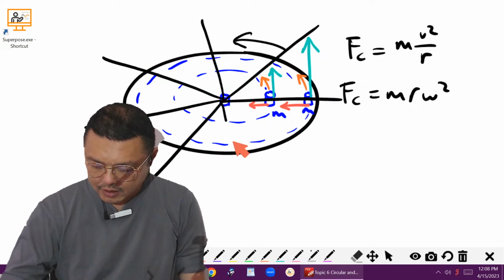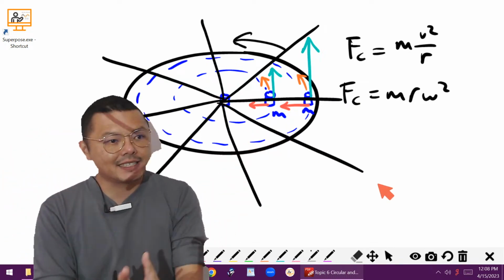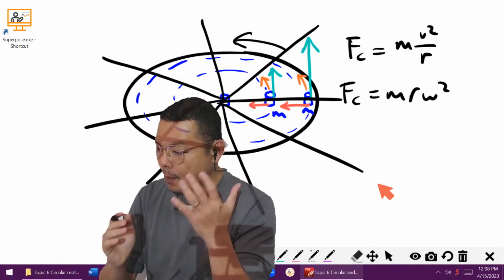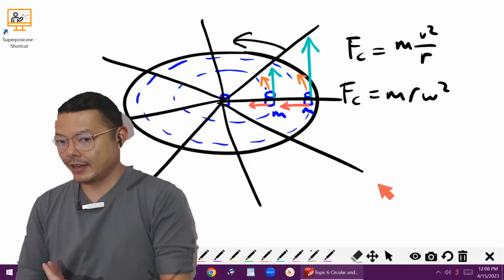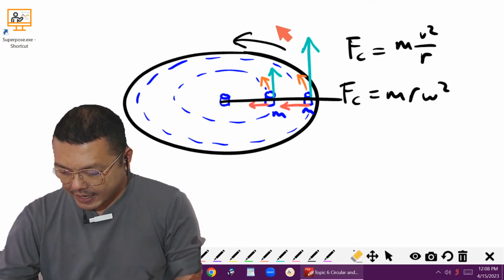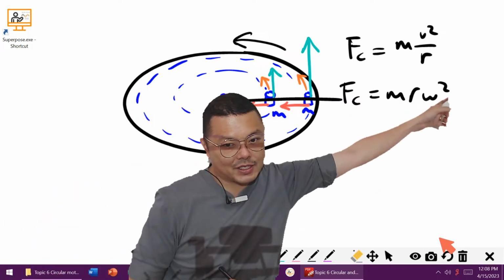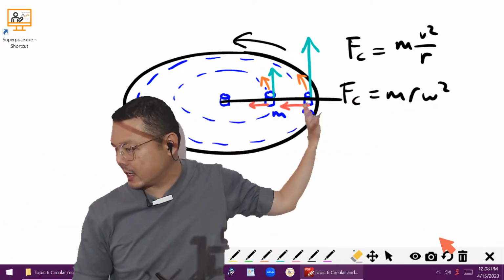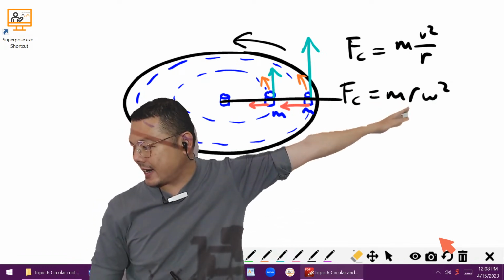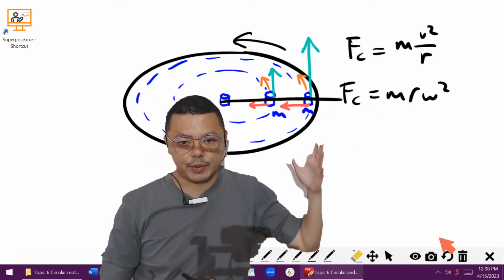So when it goes back again, they would have covered 360 degrees in the same amount of time. Omega is the same for them. So it's a lot easier to compare, because in m r omega squared, omega is the same for both objects. The one on the outside, with the bigger radius, will have a bigger centripetal force.